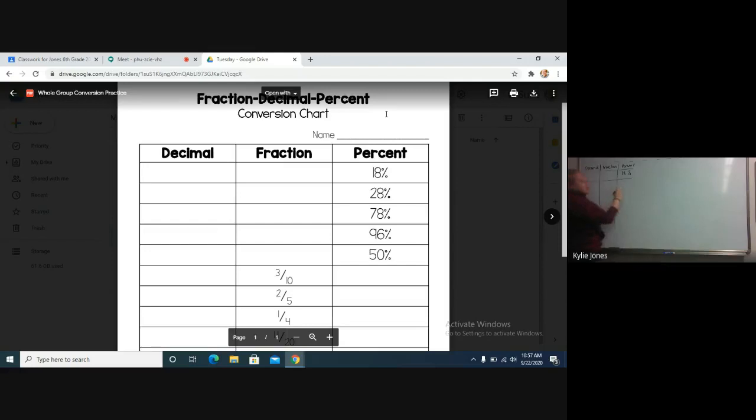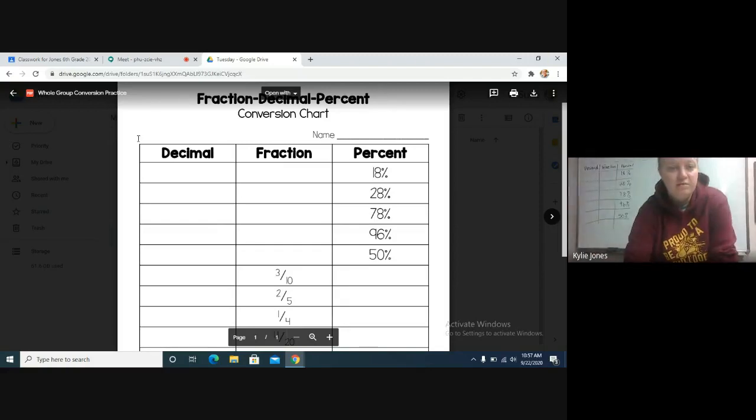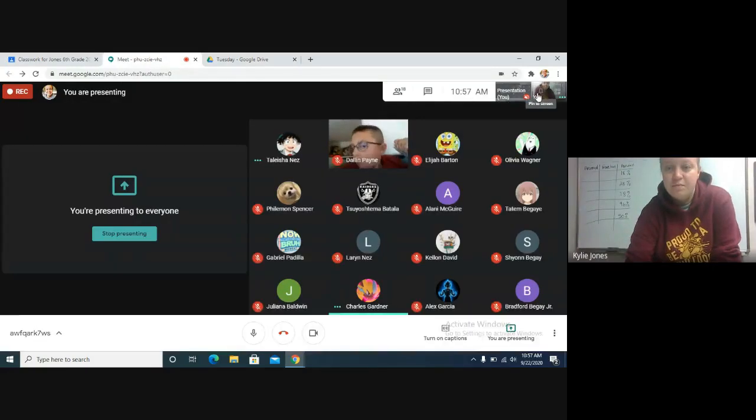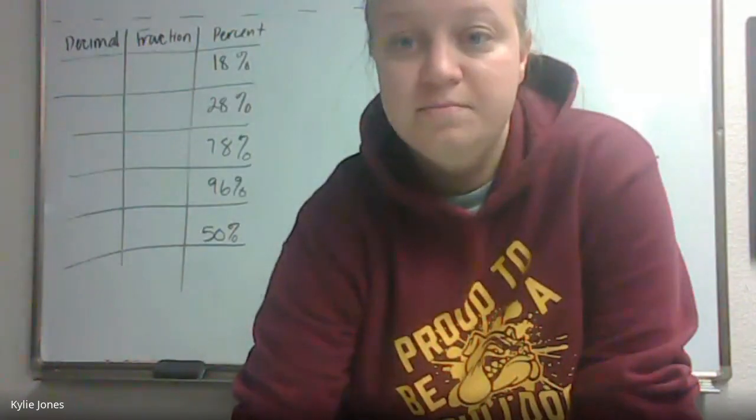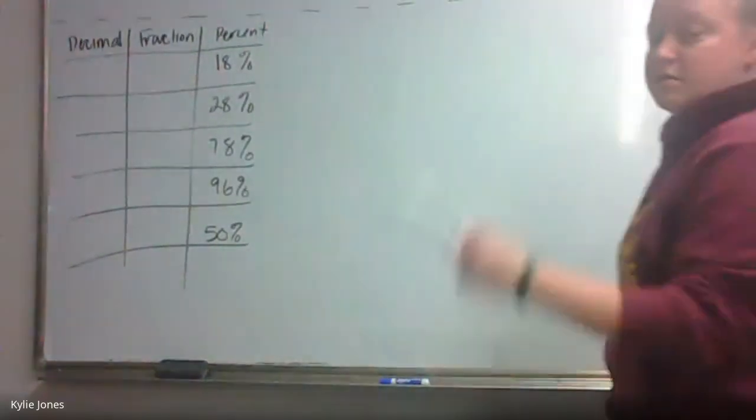Then we have 28%, 78%, 96, and 50. Okay, so here's part of the chart that we're going to work on, just so that we don't have to flip back and forth. Stop presenting. Okay, so can you guys see that chart?